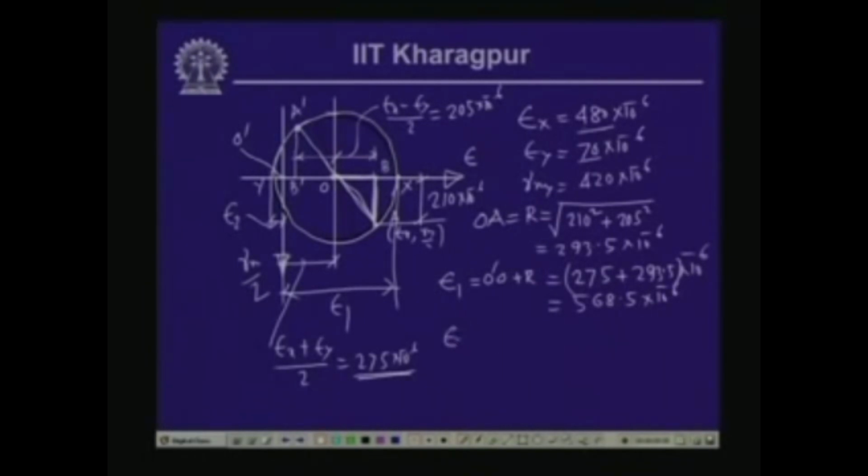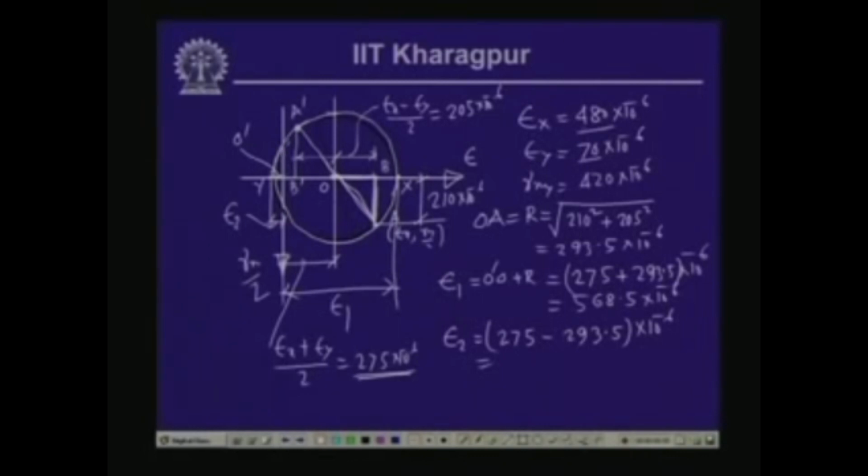Now, epsilon 2, which is the minimum principal strain or minimum normal strain, is given by this distance, and that is equal to O dash O minus the radius, which will eventually become negative. Now, O dash O is 275 and minus 293.5 into 10 to the power minus 6 gives us a negative value.